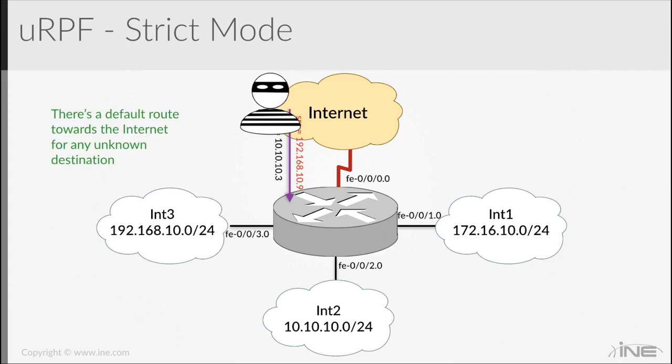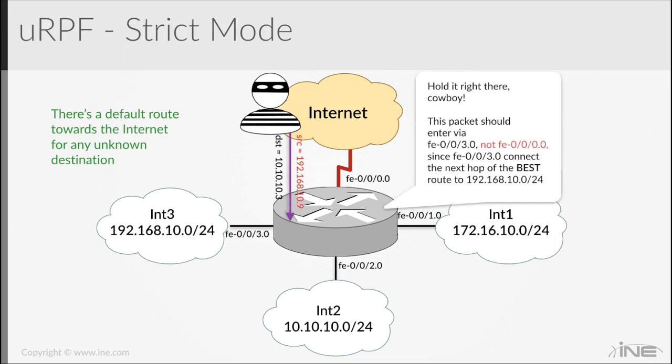So strict mode specifically avoids this confusion from happening, and it says this packet is not entering via the best route to this network, okay? Hence, I'm not letting it in. Make sense?